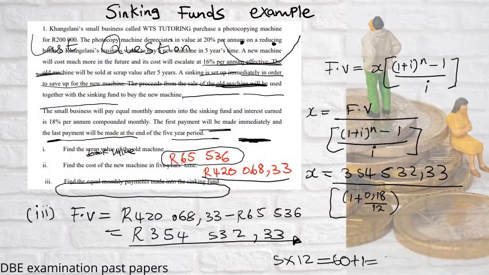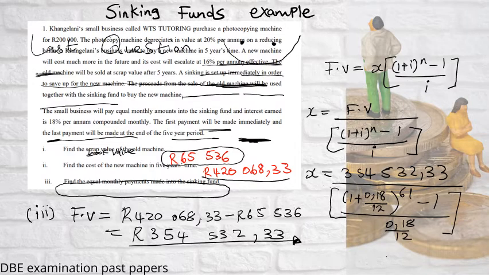So +1, then 61 payments will be made. So it will be 61 minus 1, over 0.18 over 12. Then we can simply get the answer for our x using a calculator.